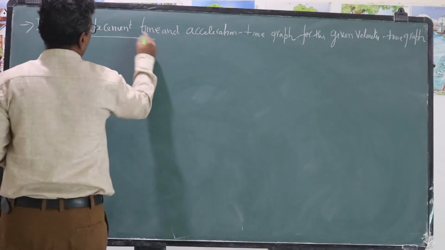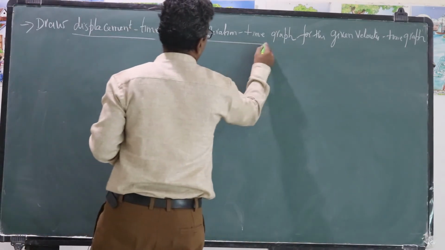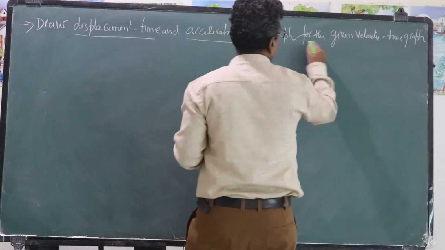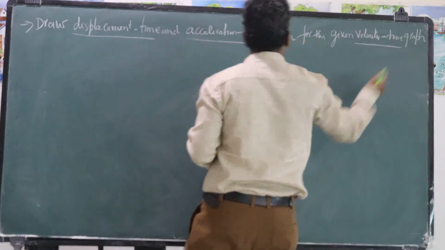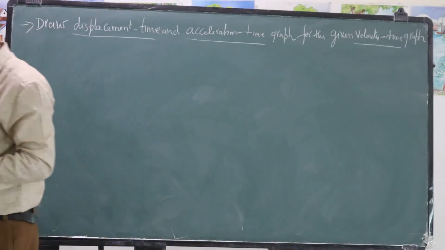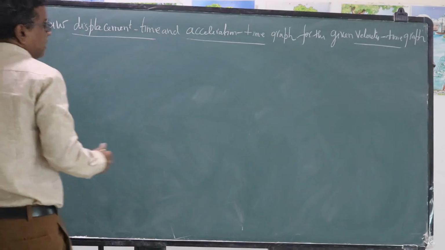So the Vt curve is given, we want the displacement time graph and the acceleration time graph. What is given? The velocity time graph is given. So I will draw this one.